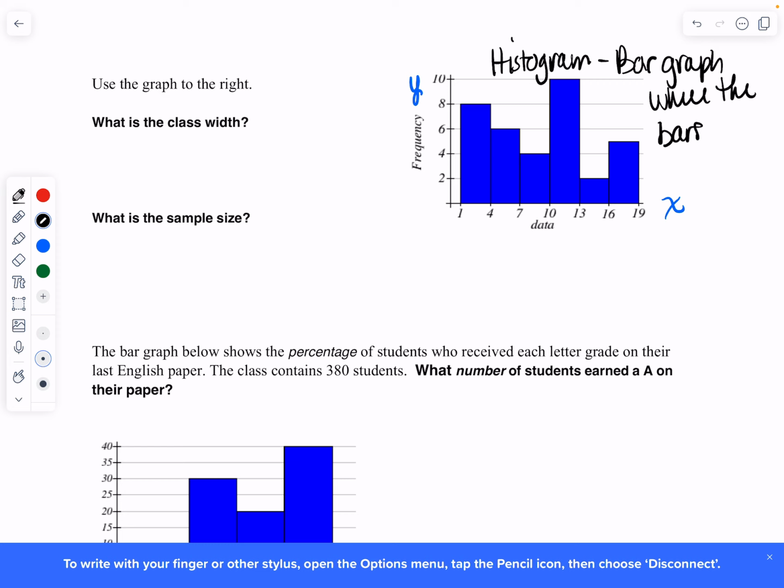The bars touch. Okay, so we're looking at a histogram. To find the class width, and this is why it's called a width, we're looking at how wide the bar is. So I'm going to take the upper limit and I'm going to subtract the lower limit from it.